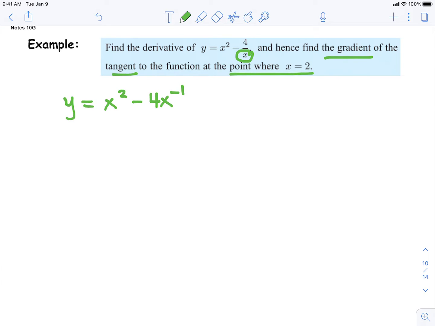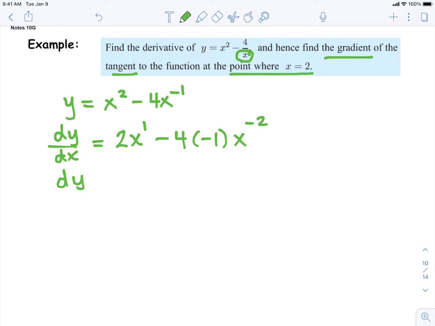Now I'm going to go ahead and use my power rule. dy/dx: I'm going to bring the 2 down in front and then change that to x to the first. Minus 4, bring down the negative 1, and then subtract the power. Now simplify.